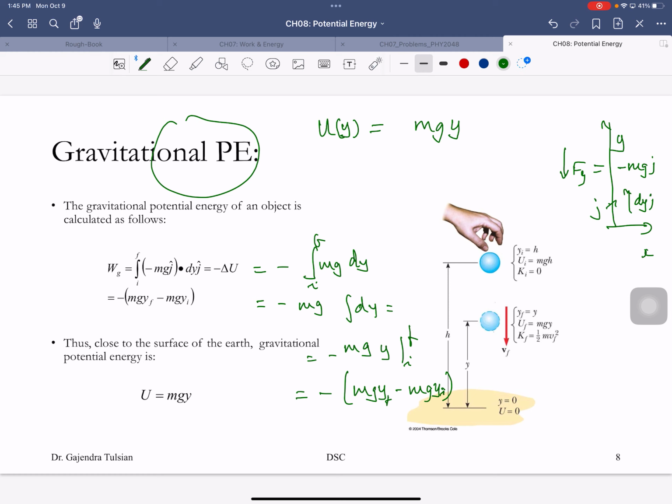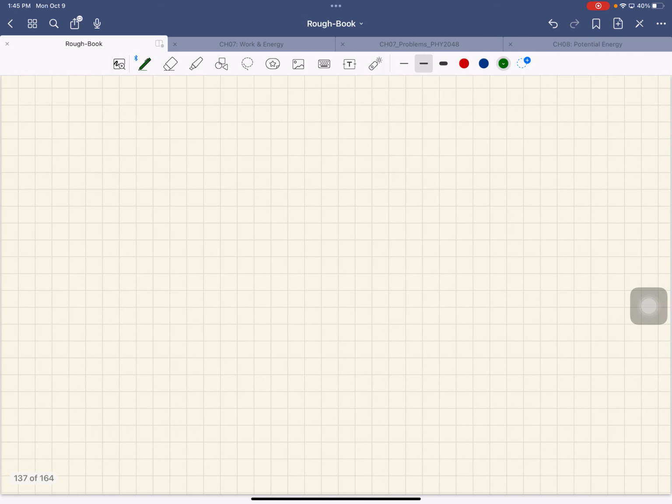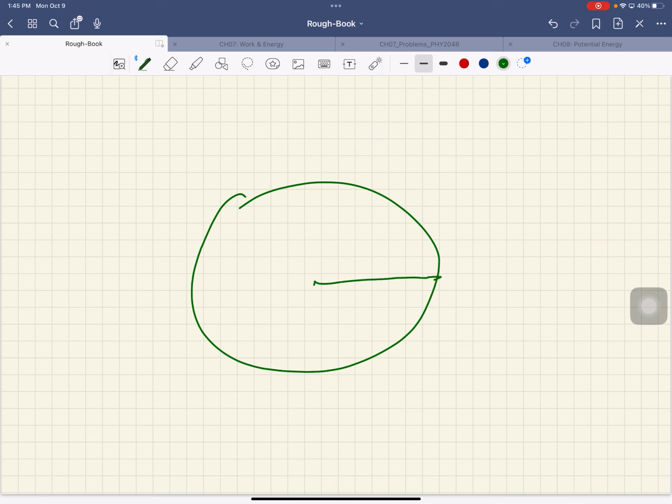What is the radius of the Earth? Half the diameter. We got a smart aleck. About 4,000 miles. So if you rise up by, let's say, 1% of the radius of the Earth, that's small compared to the radius, and g will be constant.